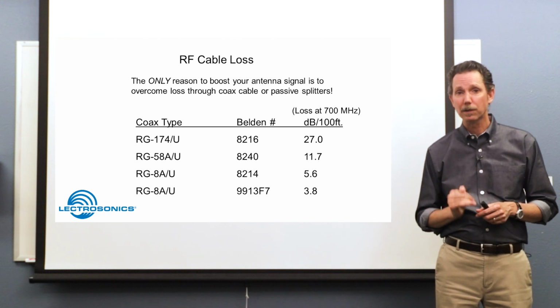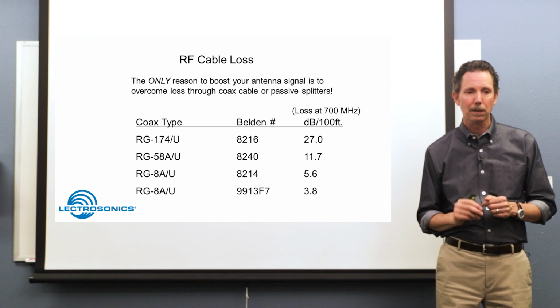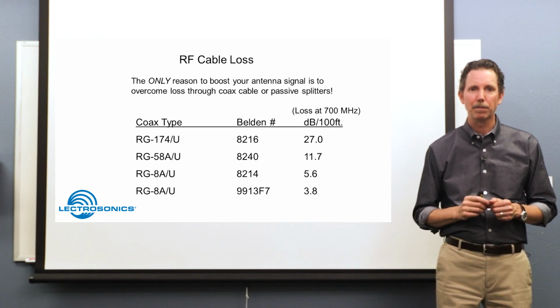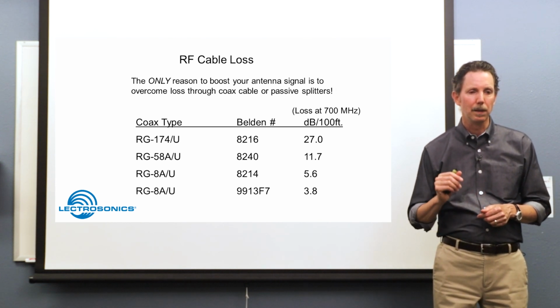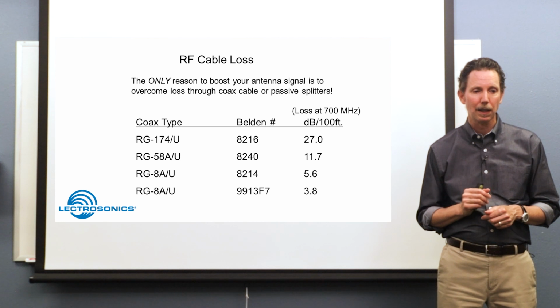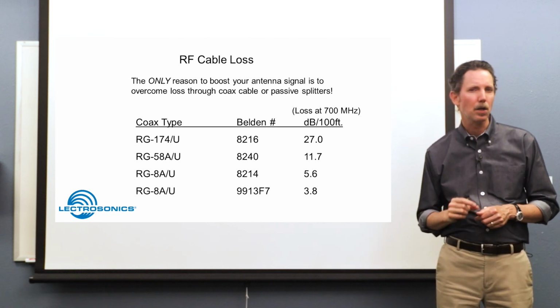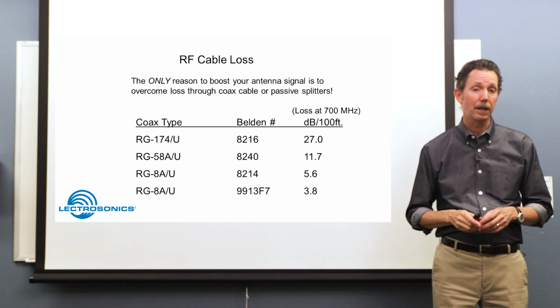So here's 4 different examples showing you models from Belden between RG174, which is very thin, about maybe a little less than a 1/4 inch, all the way up to the 9913F7. That's the foam insulator cable that's kind of garden hose-like, quite thick, about a 1/2 inch, and very stiff and very heavy and very expensive.